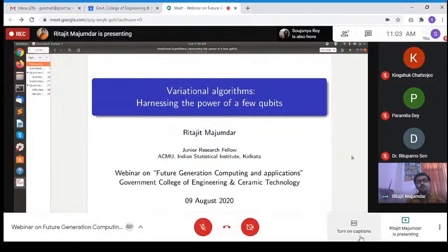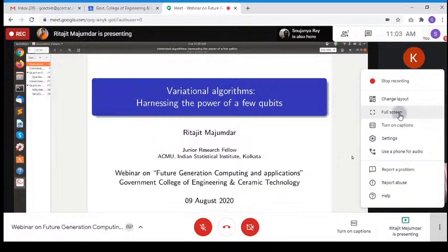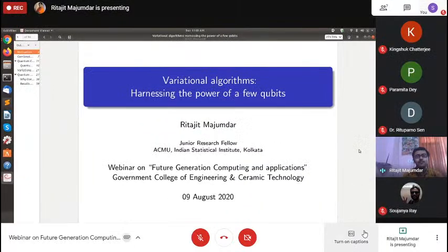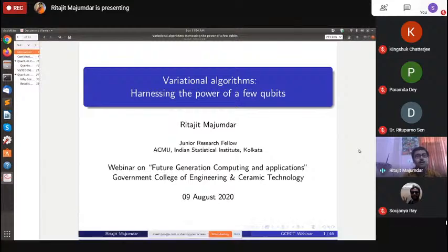Just to share a thing with you before I start, I remember a story from a few years back. There are many myths that surround quantum computing, like when quantum computers come, they will solve everything. A few days back, I read a post on Facebook asking whether a quantum computer can solve this pandemic situation. No, it can't. And people talk like if a quantum computer comes, then all the crypto systems will be broken.